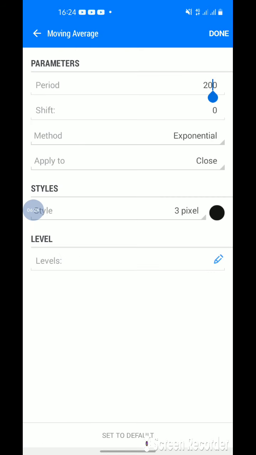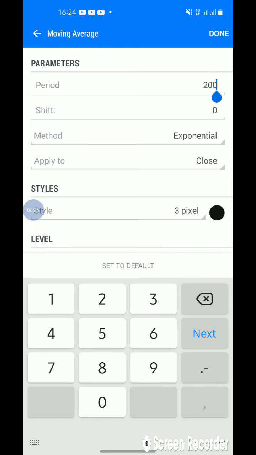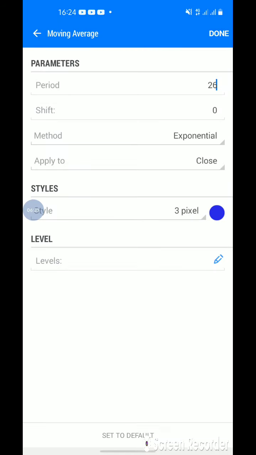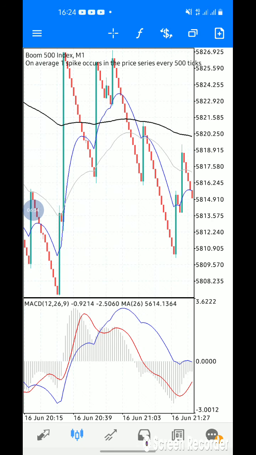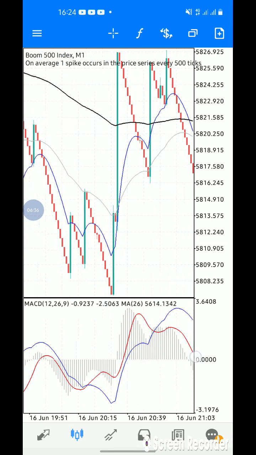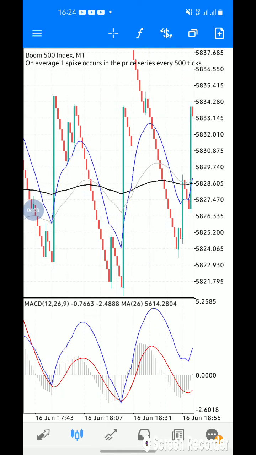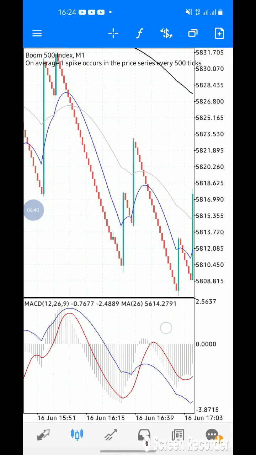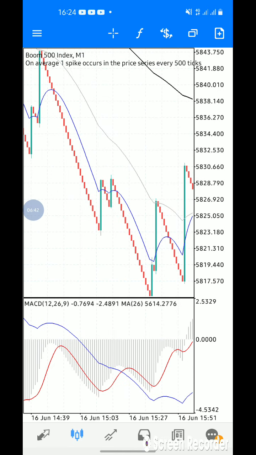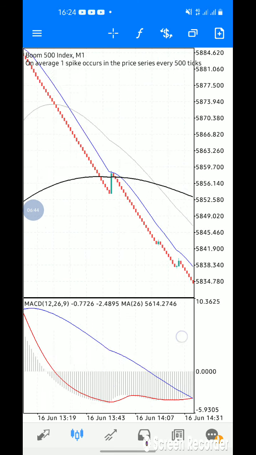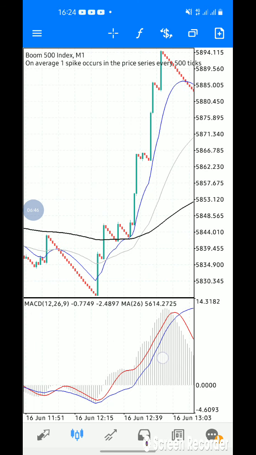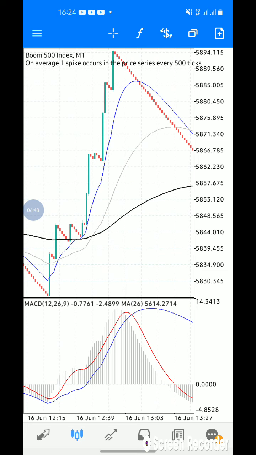If I do that and set it to 6, let's make it blue, if I add that moving average, you may find that it has no cooperation with the MACD. It's totally messy.